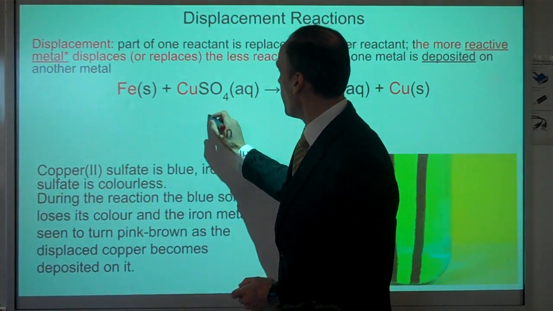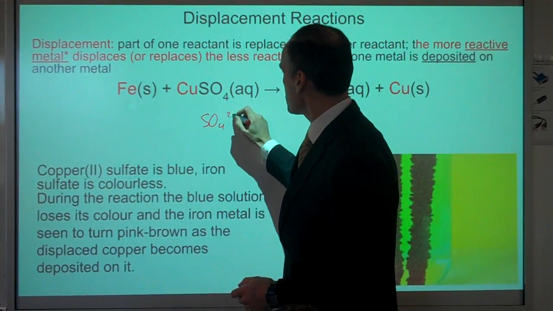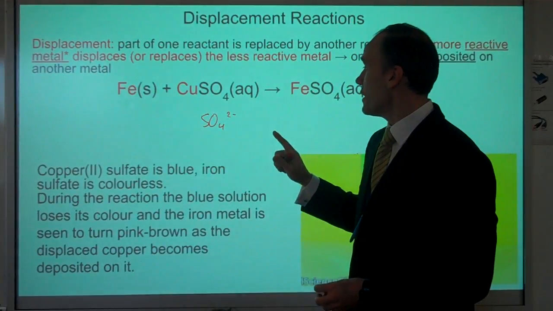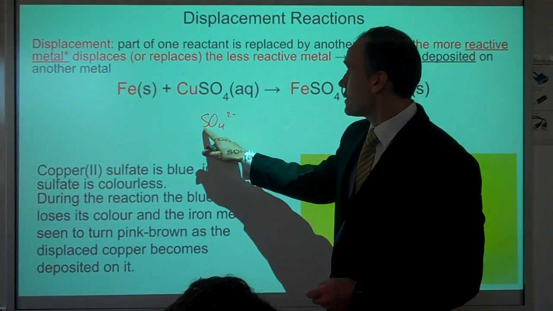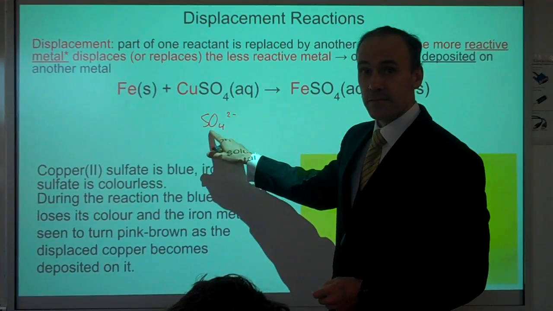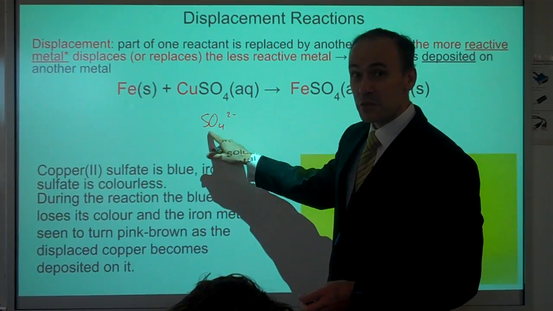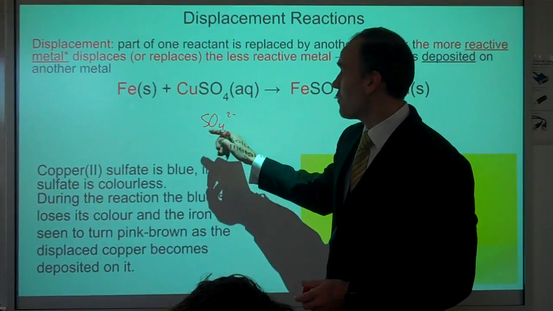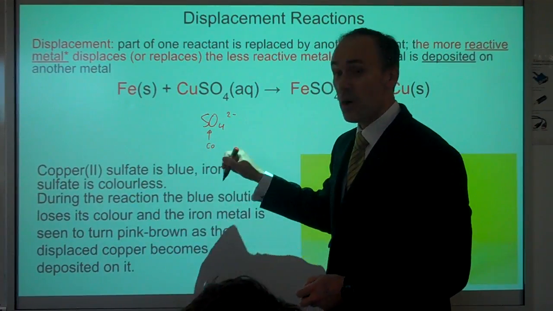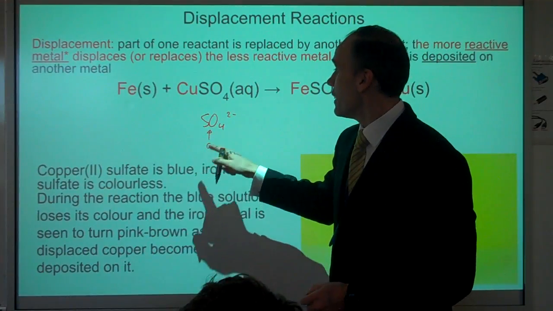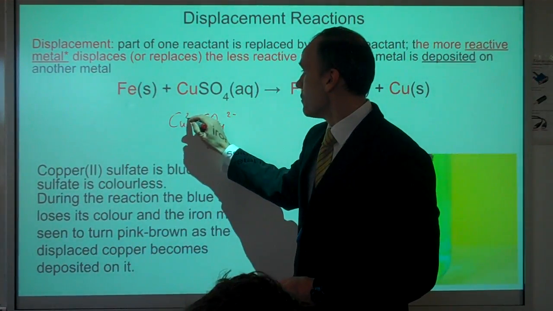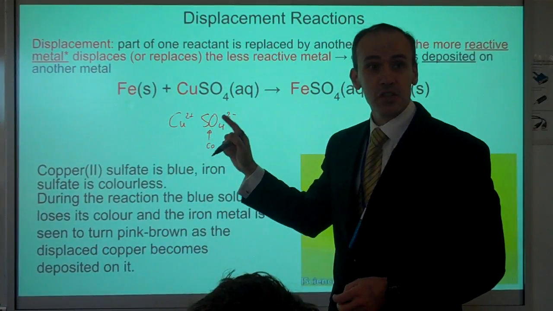So SO4 has a 2 minus charge, and very importantly, is sulfur and oxygen, the bond there, ionic or covalent? Well, are they metals or non-metals? They're non-metals, so you are correct. That is a covalent bond, right? Now, that's got a 2 minus charge, ergo, copper must have a 2 plus charge.